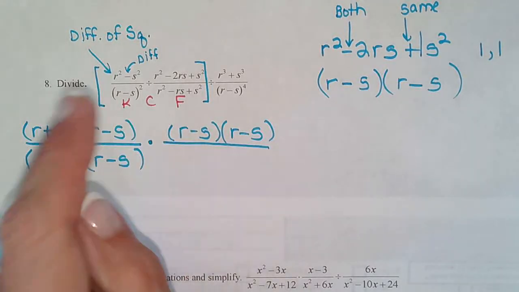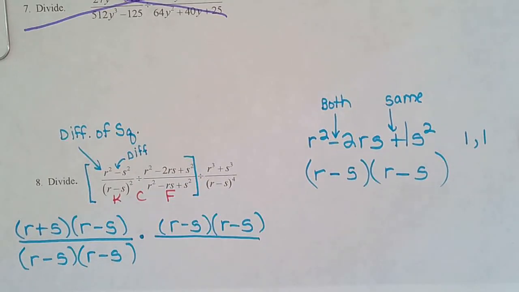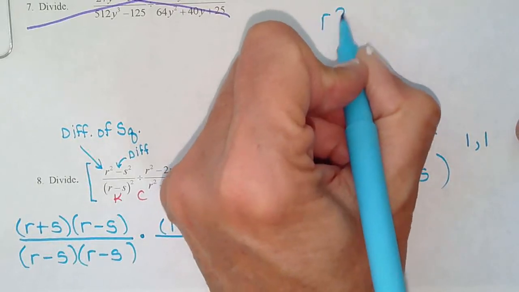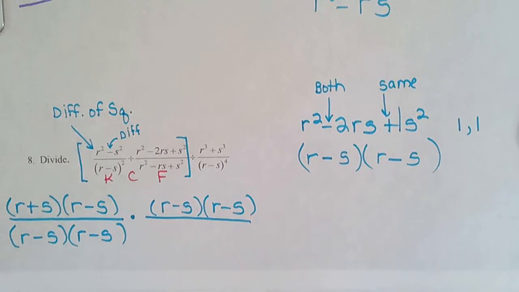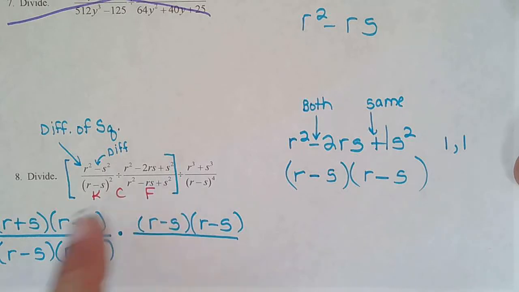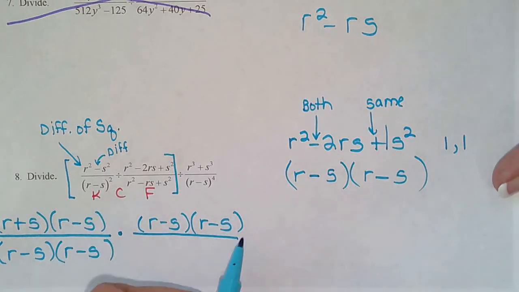And then let's look at the second one. We'll move it up here. So r squared minus rs plus r squared minus, oh, gee, wow, do you guys notice what I just did?